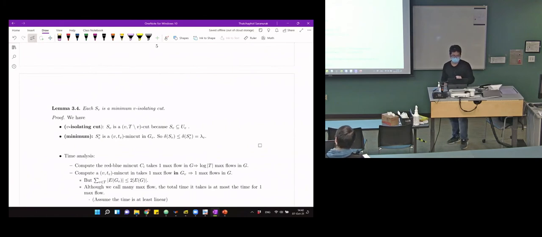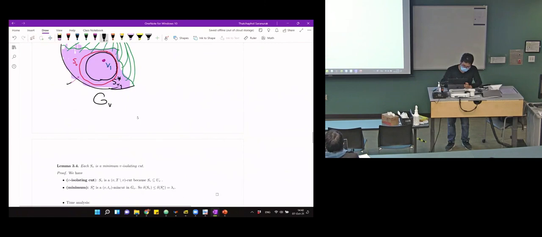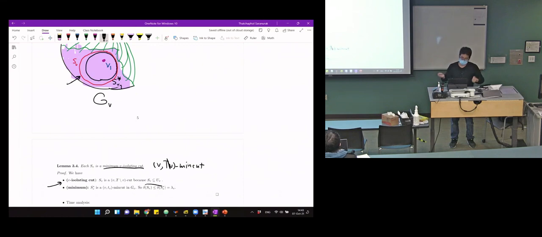Okay, so I'm going to claim now that once you compute SV here, it is a minimum V isolating cut. That is a V, TV, or T minus V min cut. And why is this V isolating? Because it's inside UV. UV isolates V already. So if it is inside UV, it's going to be isolating. And why is it minimum?